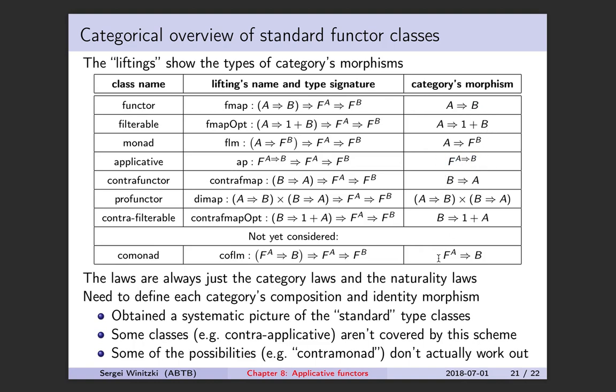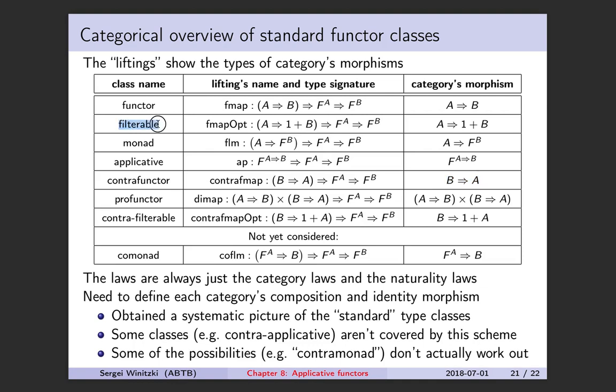But once you specify these laws, which are always the same laws, not different in each case, just for a different category, it's a very powerful generalization where everything is fixed except for the type of the morphism. You can choose that type in many different ways, and you get different type classes automatically, with all the correct laws automatically chosen for you.